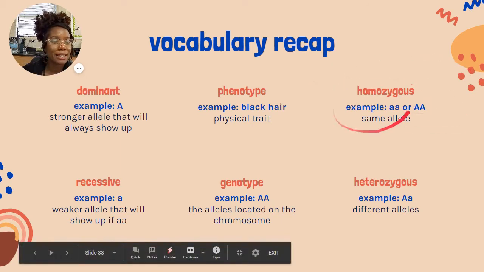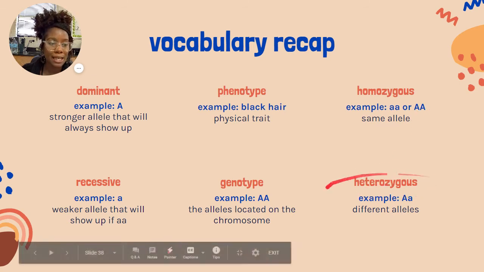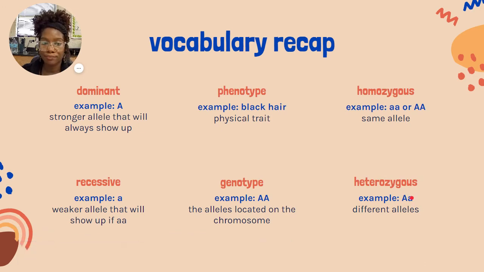Homozygous means they have the same allele, so both recessive, right? Homozygous, same, recessive. Or homozygous dominant, right? Homozygous means that they're both the same, and then they're both dominant, so they're homozygous dominant. Versus heterozygous means that the alleles are different. So you got a big A from mom and a little a from dad.